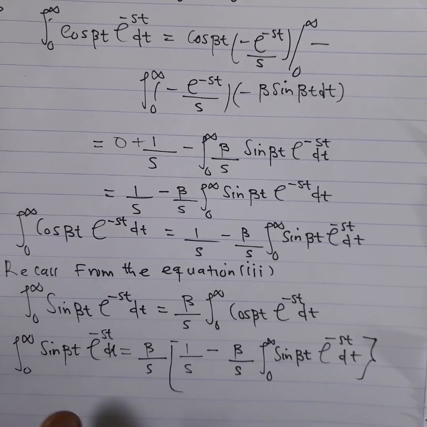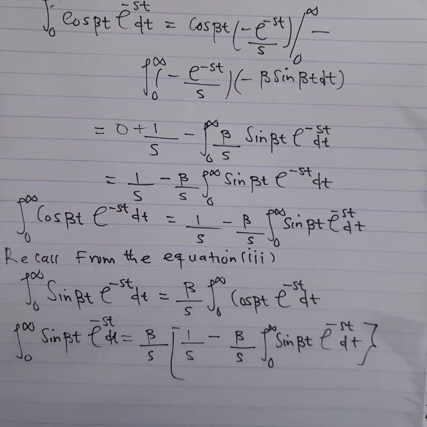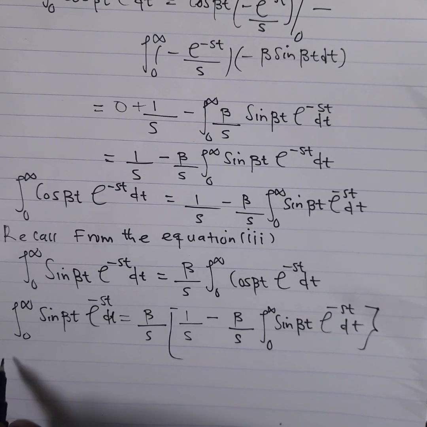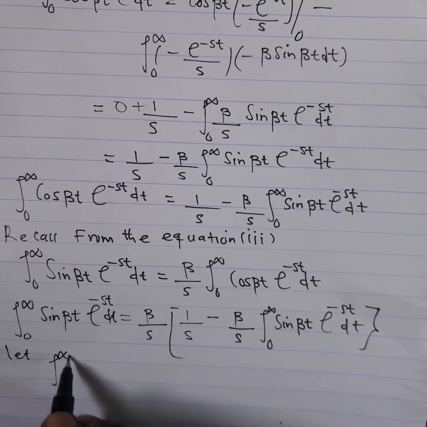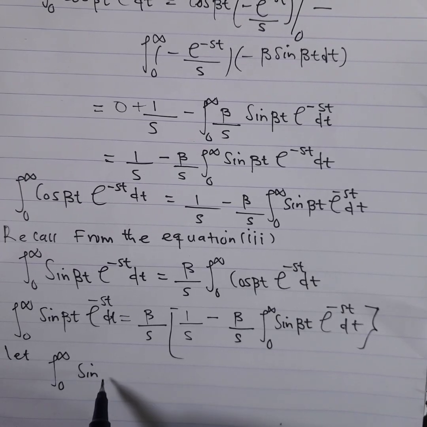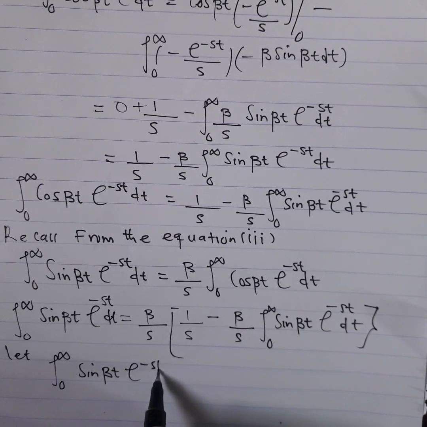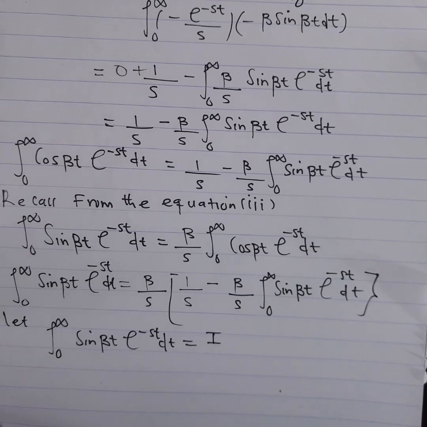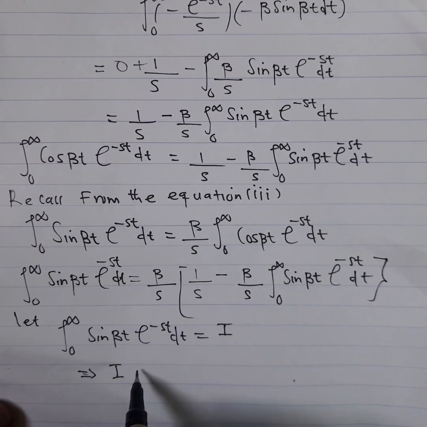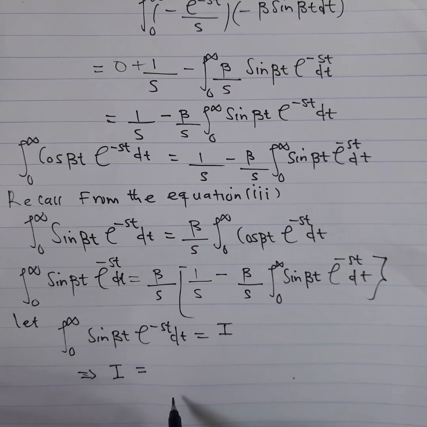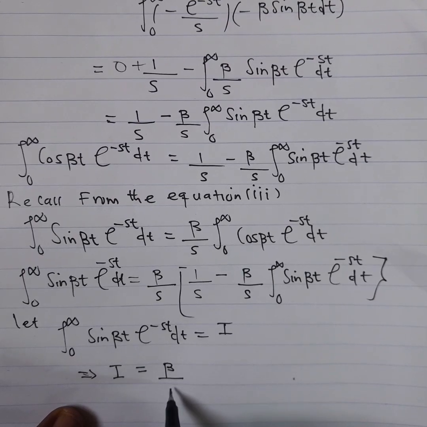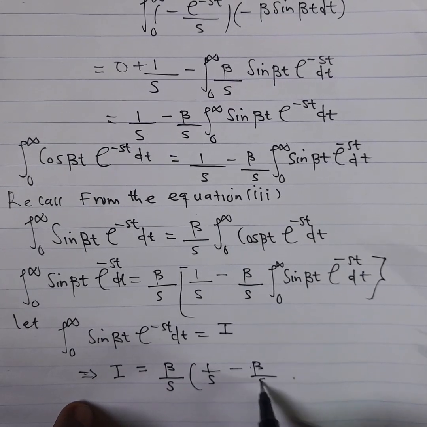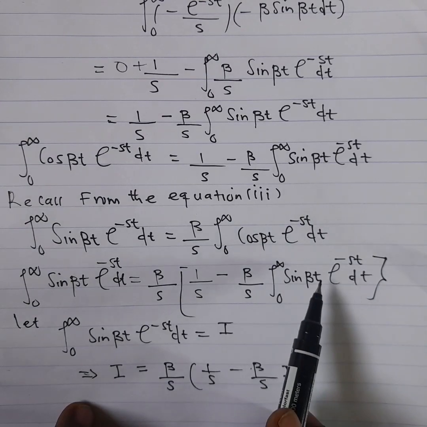So this integration and this are the same, so we can let them equal I. Let the integral from 0 to positive infinity sine beta t exponential raised to minus st dt equal I. So this implies that I equals beta divided by s into bracket of 1 divided by s minus beta divided by s times I.